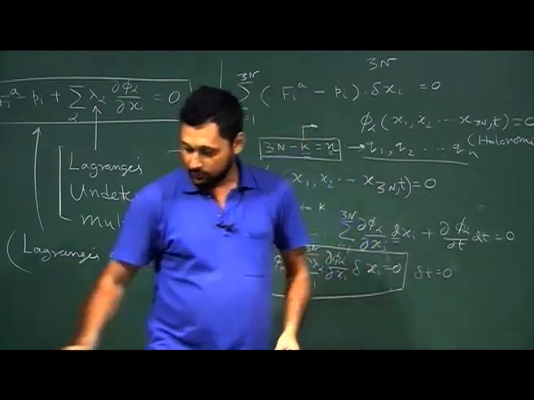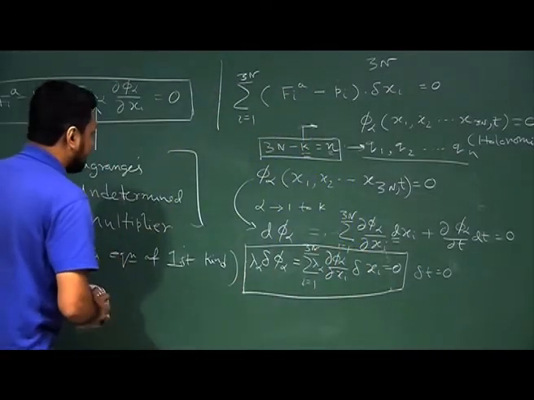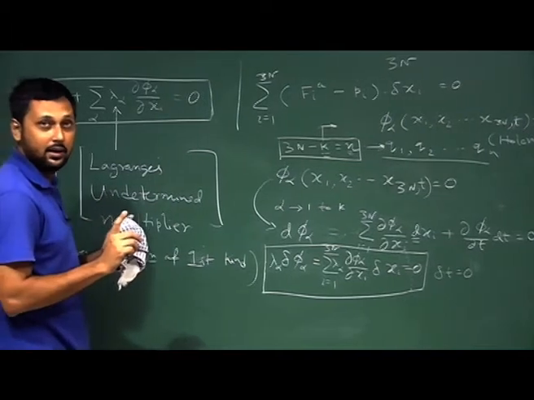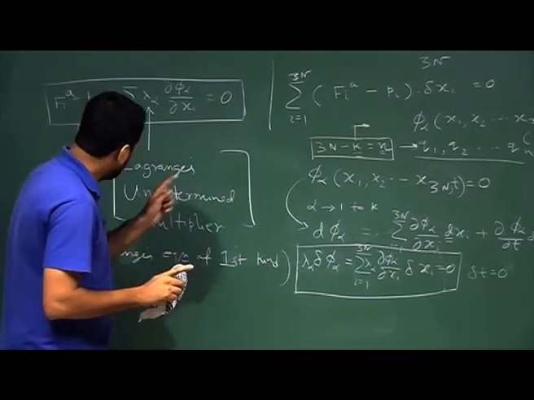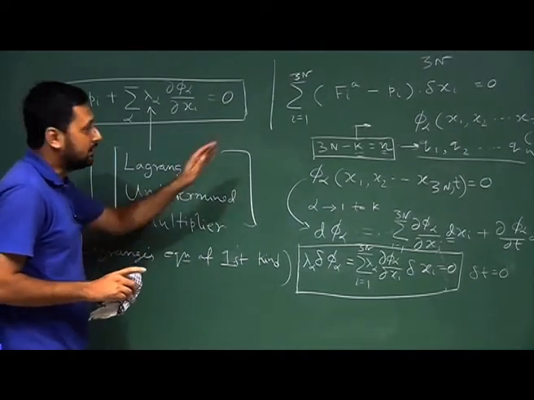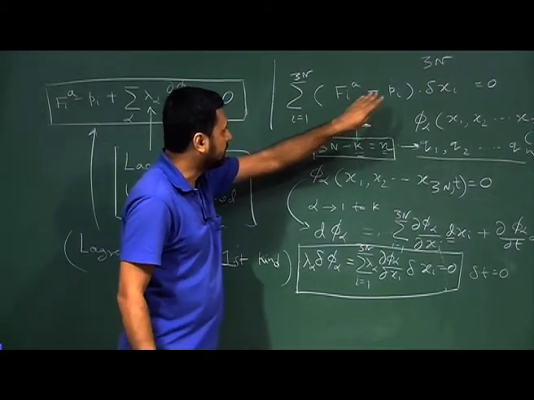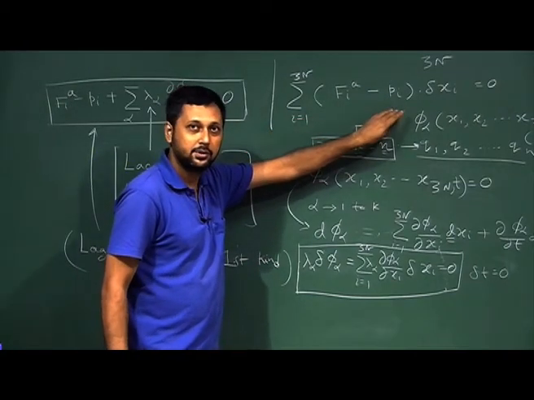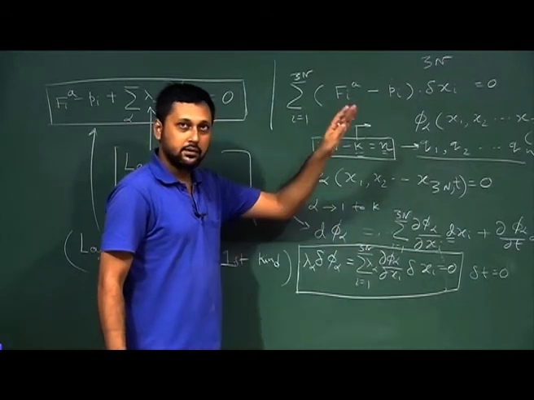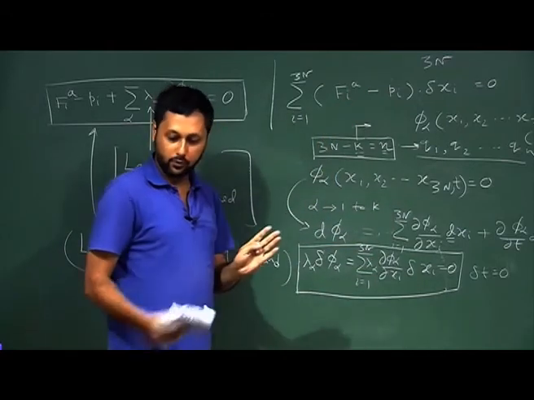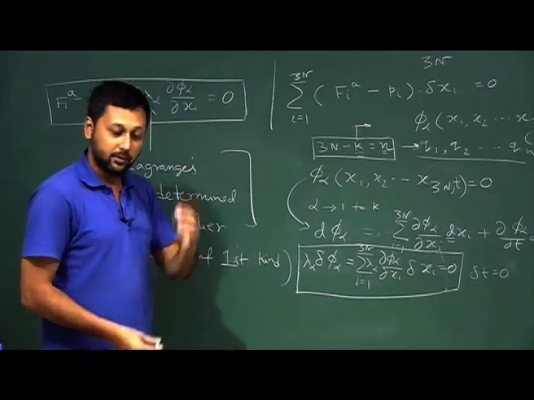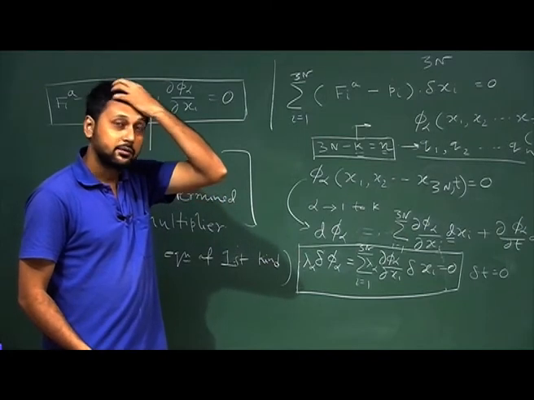But before that, we will take up the problem of the simple pendulum once again, but this time using Lagrange's undetermined multiplier. In the last class, we started with D'Alembert's principle and wrote D'Alembert's equation for the simple pendulum under certain assumptions.